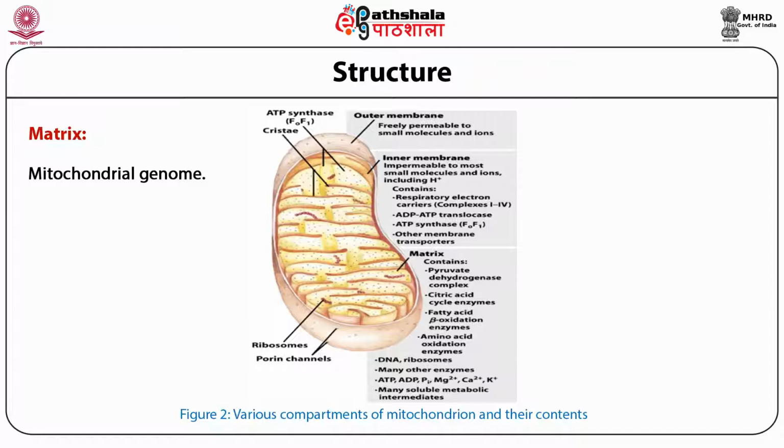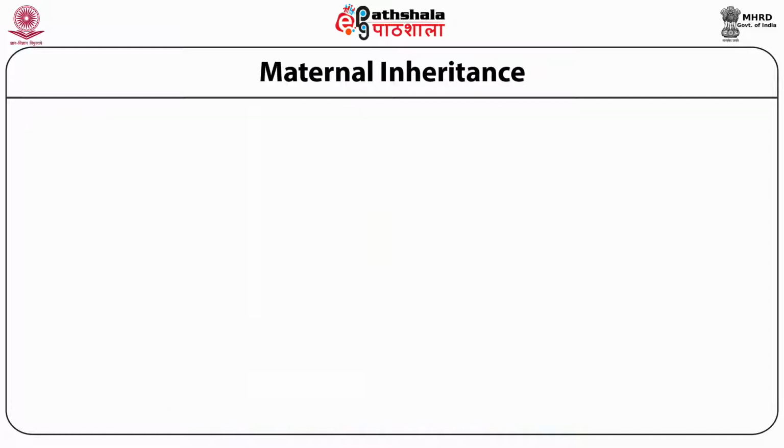The matrix contains the pyruvate dehydrogenase complex, the citric acid cycle enzymes, the fatty acid oxidation enzymes, and the amino acid oxidation enzymes. The matrix also contains DNA, ribosomes, and many other enzymes. It also has many soluble metabolic intermediates.